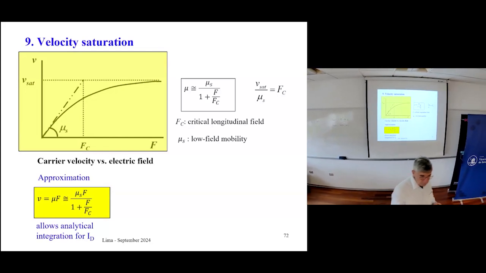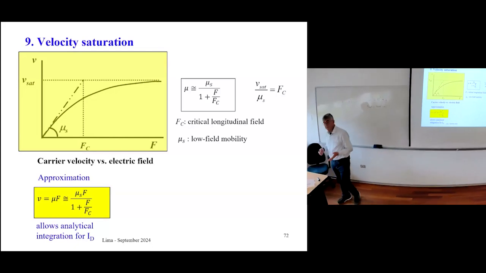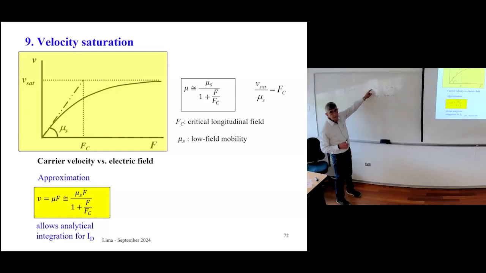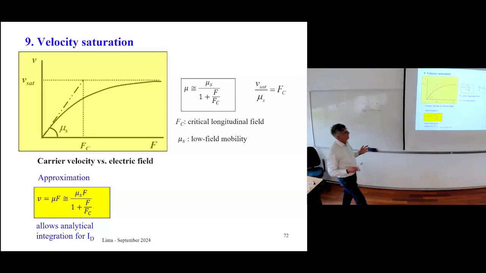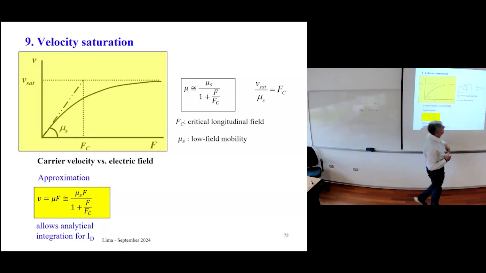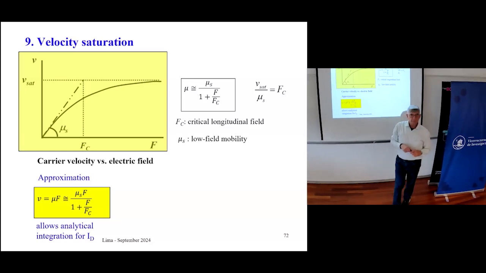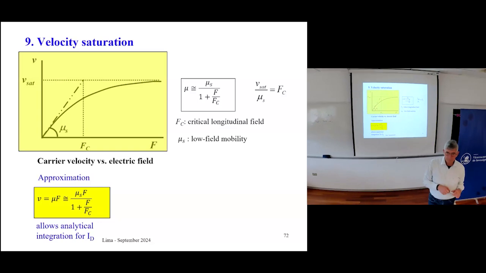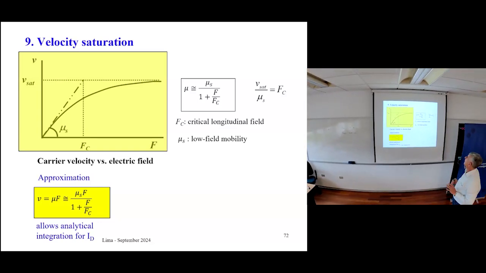So the Brownian motion is a phenomenon which limits this velocity to saturation velocity. So you have something like this, which is modeled with this formula. Okay? So this is a simple formula.